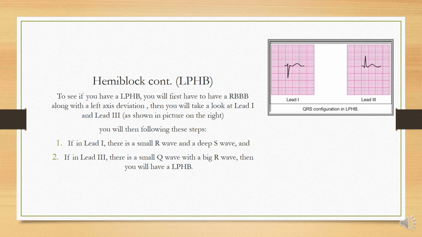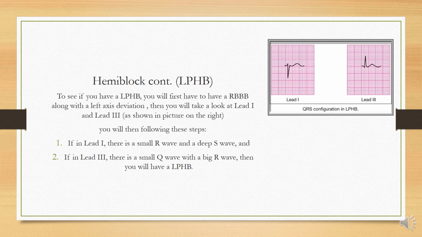So it's just something simple, easy peasy. All you're looking at is pinpointing two different leads out on a 12 lead read to determine if we have a right bundle branch block or a left bundle branch block. We're determining if we do have a right bundle branch block, if we have a possible hemi block, and there can either be a left anterior hemi block or a left posterior hemi block.